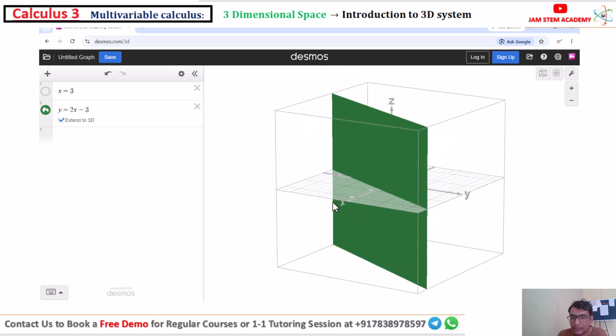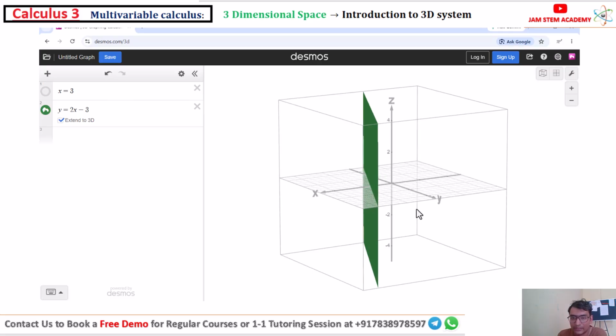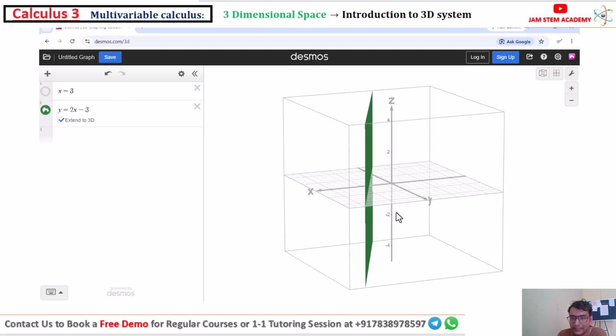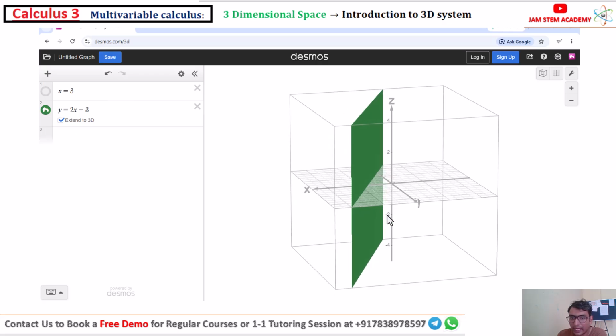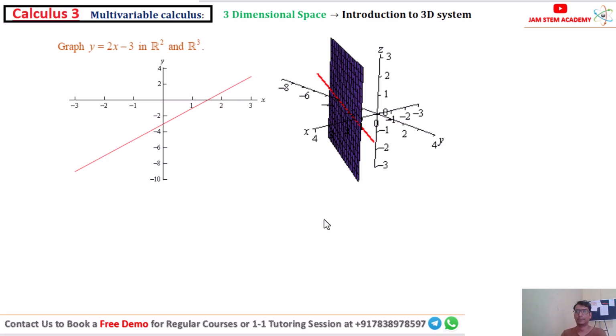This time it is not parallel to any of the xy or yz or zx planes. But yes, there was a line y equals 2x minus 3 and just take any height. So you will get this plane as you can see over here. Now let's get back to the same question. So we will get this plane over here.